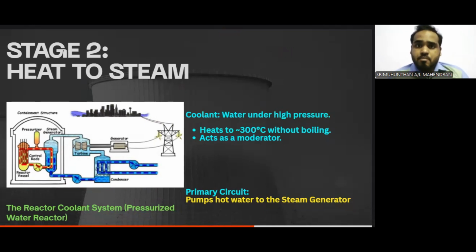This pressure stops the water from boiling and allows it to become superheated to over 300 degrees Celsius approximately. This water also acts as a moderator, which slows down the neutrons to keep the chain reaction more efficient. This hot and pressurized water is then pumped through a closed loop of pipes, called the primary circuit, to a device called a steam generator.